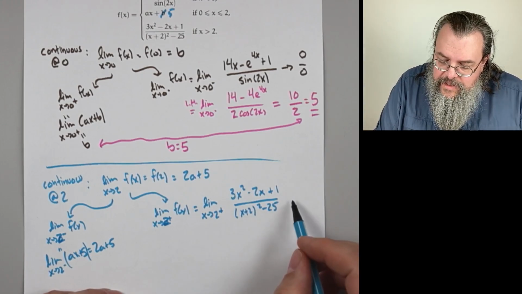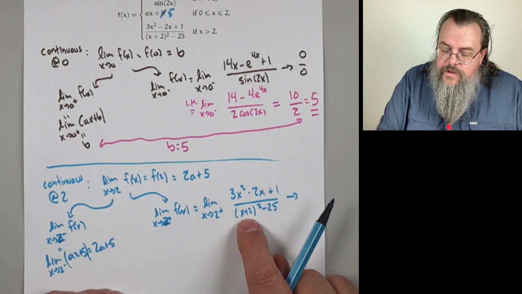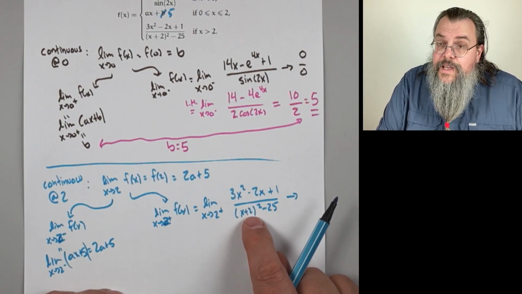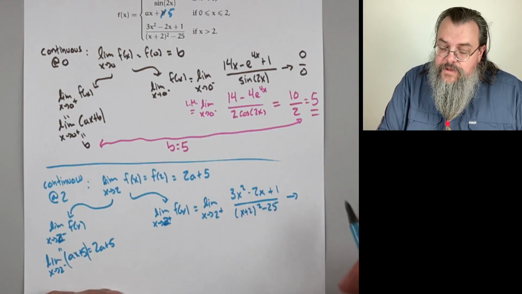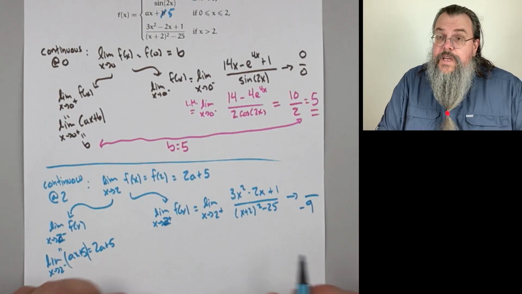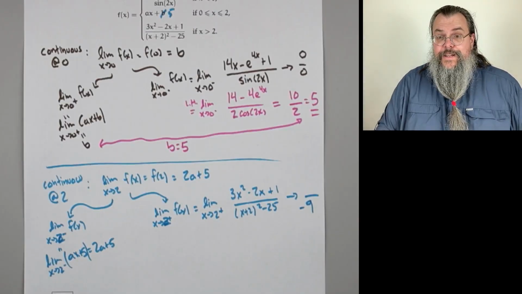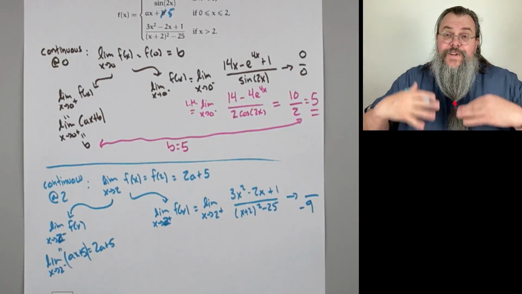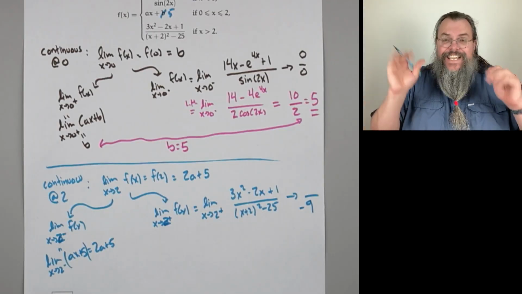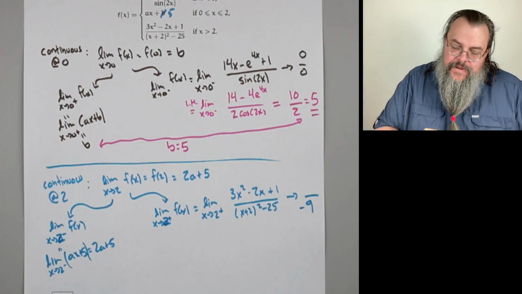Downstairs, 2 plus 2 is 4. 4 squared is 16. 16 minus 25 is negative 9, which means no L'Hopital, because we're not having division by 0. Woohoo! Nice! Yes!